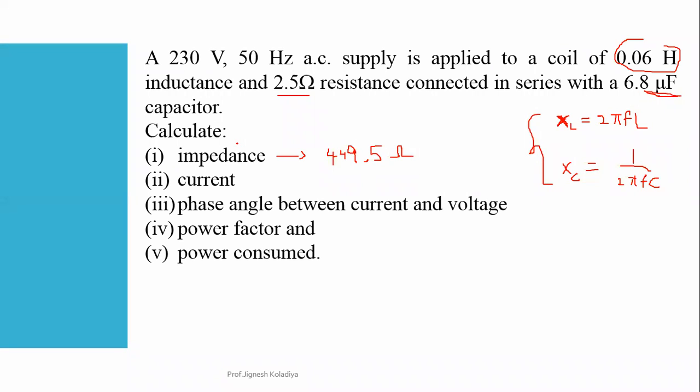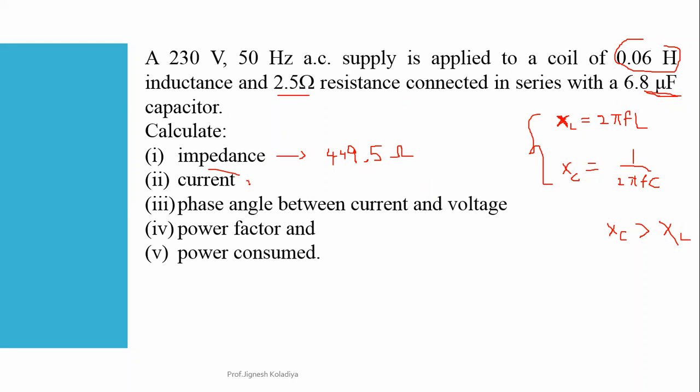XL is 18.84 and XC is 468.34. That means here capacitive reactance is more. So it is our second case, where we have considered the condition XC greater than XL. Now find out the impedance. Already you all got 449.5.